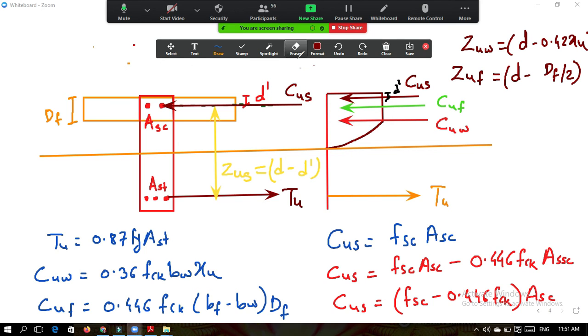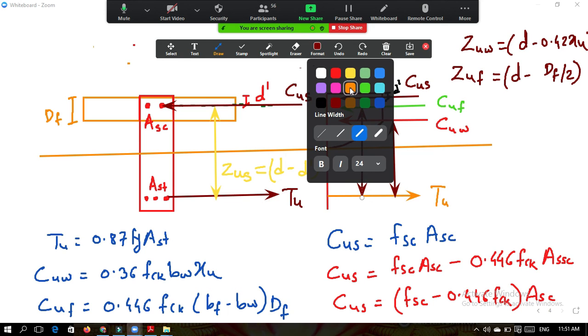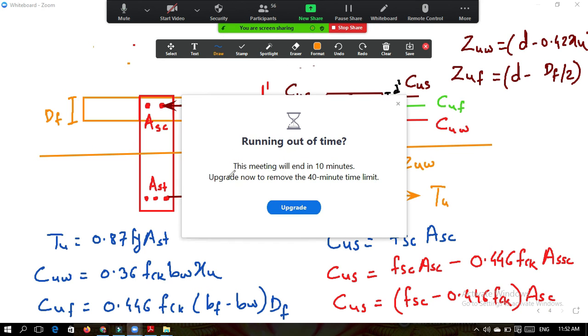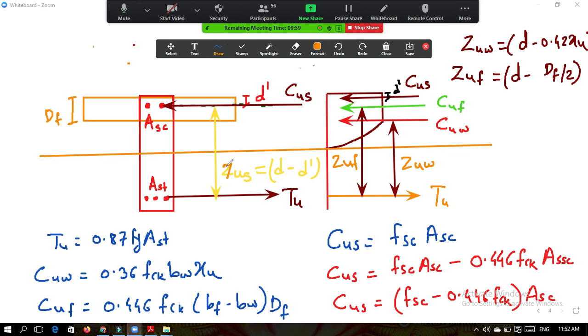If I show you in the diagram with the help of an arrow, this arrow, and again this one, this is the second arrow. If you name these, this is your ZUW, and this is your ZUF. And here you can see ZUS, which is equal to D minus D dash.